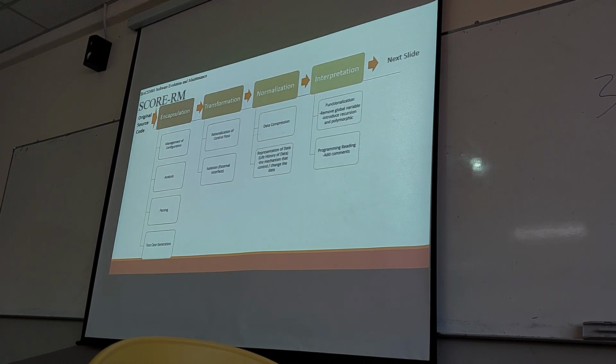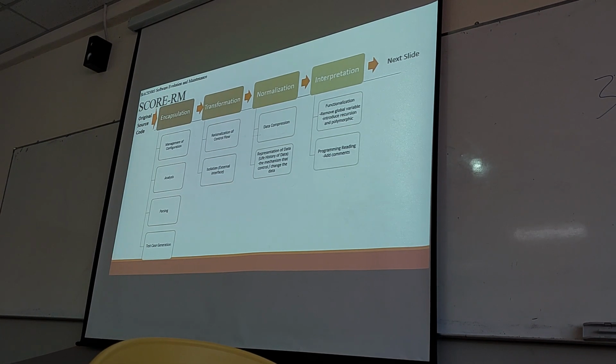Then the transformation stage is to rationalize the control flow. That means to identify the control flows of the program and isolate the external entity. Those external entities that are connected to the existing system, we try to separate out, so that we can know which one belongs to the existing system and which one is the external entity.